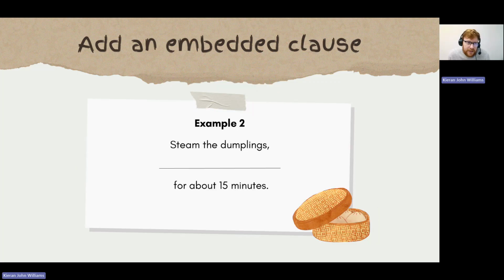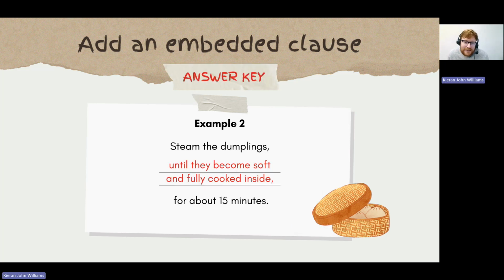Another example here, "Steam the dumplings for about 15 minutes." We've got a simple sentence, but we want to make it more descriptive by adding extra information. So maybe think about time, any sensory details, or maybe a bit of the process, anything that could expand the meaning. Shout at the screen again, tell me what you're thinking.